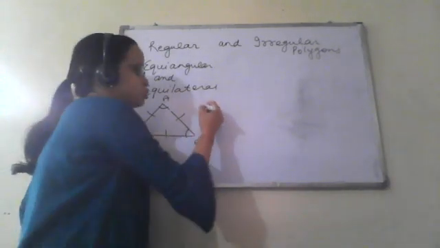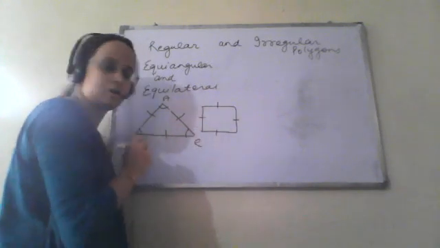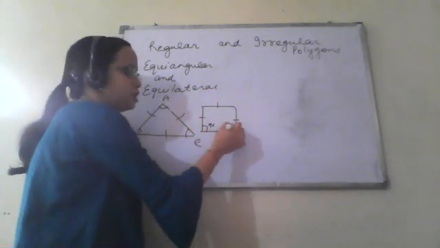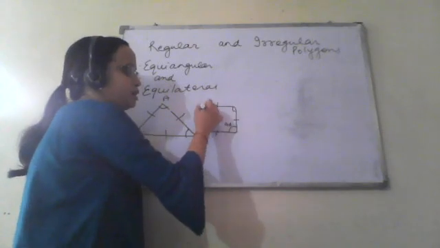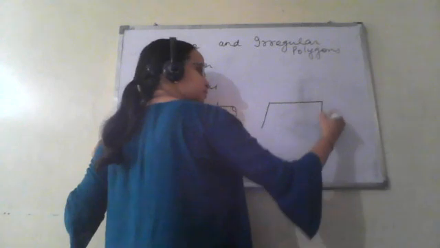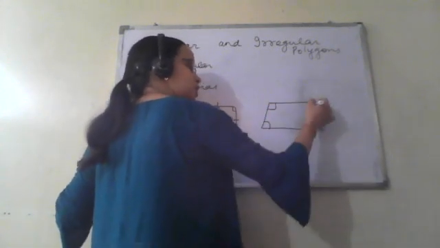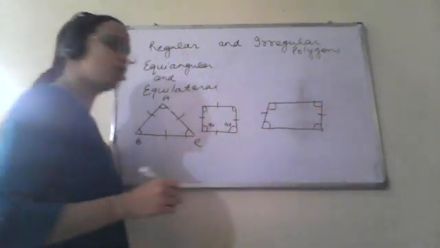If I talk about a square, each side is equal and each angle is also equal, that is 90, 90, 90, 90. But if I talk about a rectangle, each angle is 90 degrees, but each side is not equal, only opposite sides are equal.